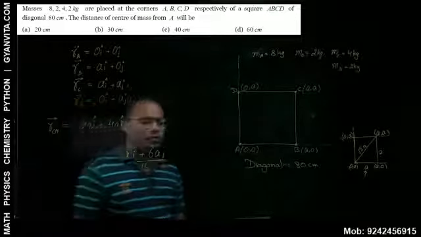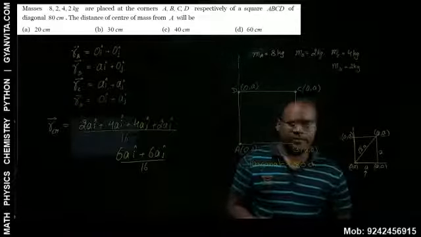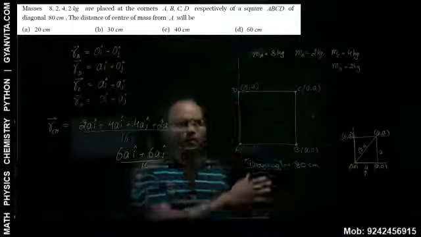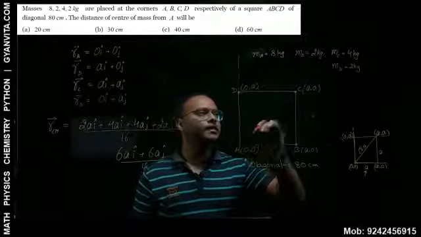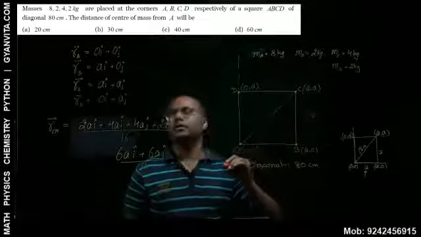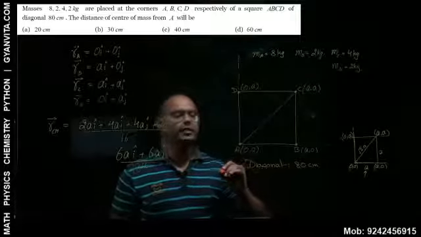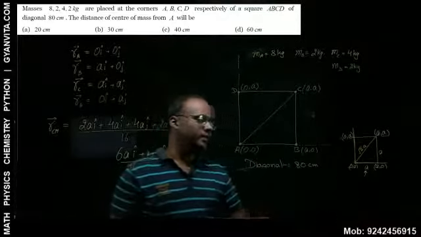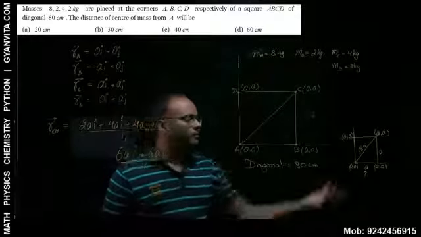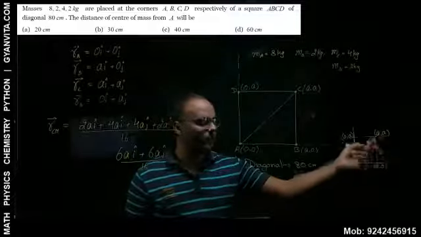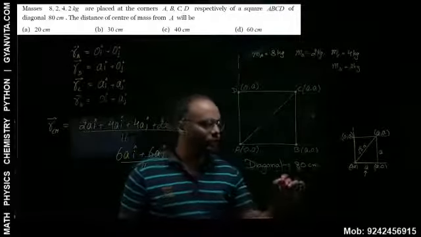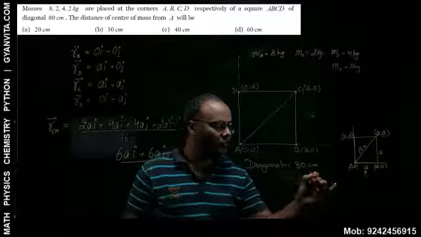Now we don't know what is A, but we just have to apply this geometry here. A is the side. In this question we have this diagonal given. So diagonal is, I guess, how much is that? 80 centimeters. So that 80 centimeter you substitute here. I hope you know this. If this side is A, this side is A, then diagonal will be root 2A. So that means root 2A is equal to 80.